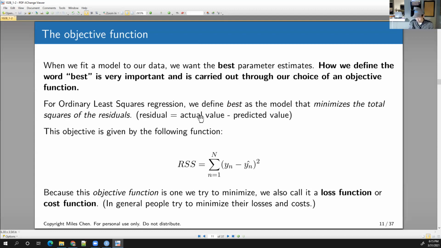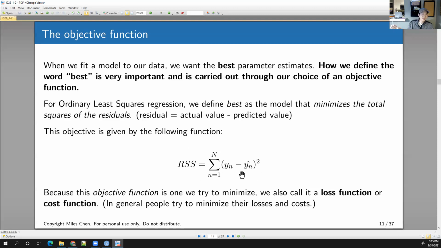Least squares regression says we're going to square all of these residuals, and we want the slope and intercept so that the squared residuals are as small as possible. The RSS, the residual sum of squares, is the difference between the actual value y and y hat, squared and summed up. We want this to be as small as possible.